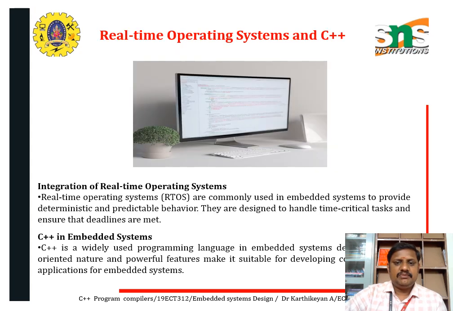And mainly the real-time operating system is used with C++. The RTOS, that is the real-time operating system, is commonly used in embedded systems to provide deterministic and predictable behavior.